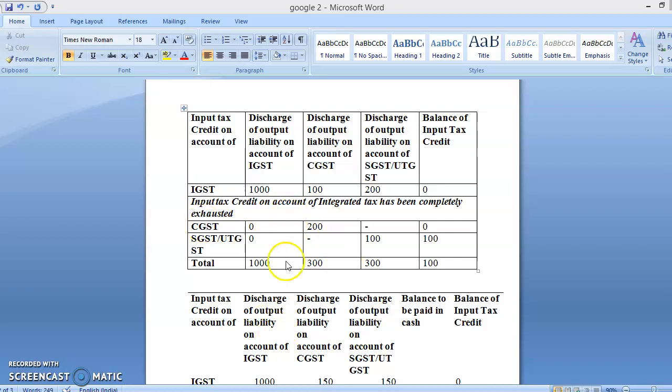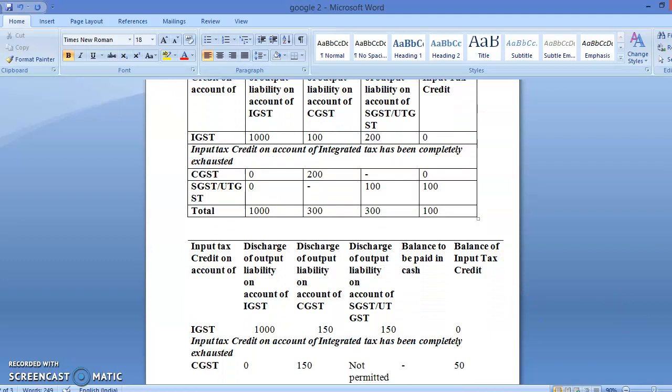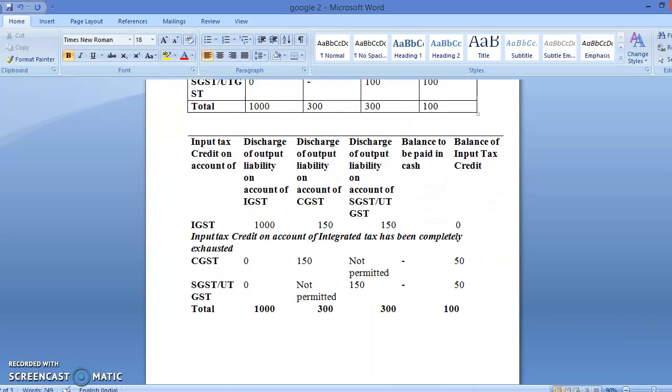So the total 1000 liability of IGST I have set off from IGST credit only, and out of 300 CGST liability I have set off 100 from IGST credit and 200 from CGST credit. Out of 300 SGST liability I have set off 200 from IGST credit and 100 from SGST credit. So this is also a second option for how you can set off.